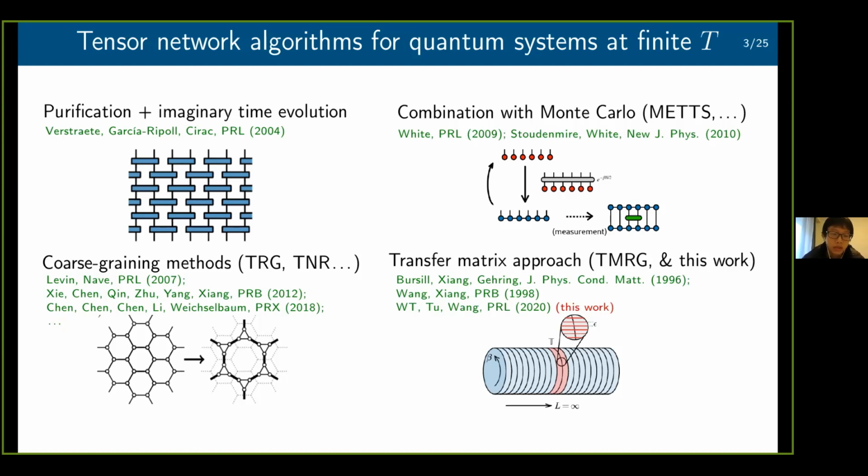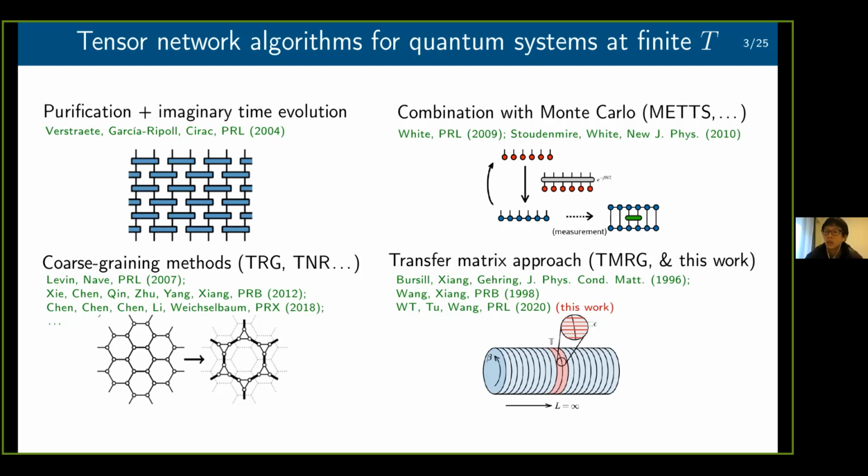In that direction, there is the TRG method, and also we can make use of the transfer matrix approach. So our work actually belongs to this direction. We represent a partition function as a tensor network, and we make use of the idea of the transfer matrix to contract this tensor network to obtain the thermodynamics of the system.